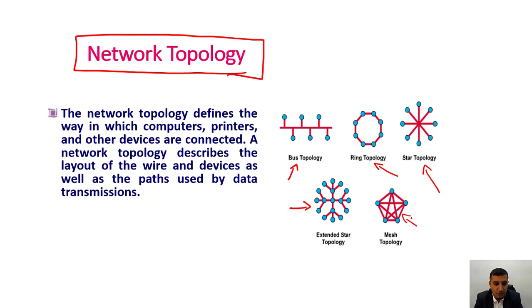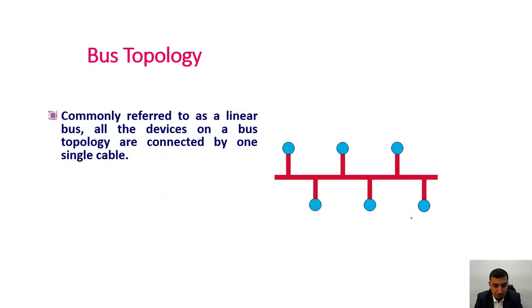A network topology describes the layout of the wire and devices, as well as the paths of the data. Now, the bus topology, as you can see here, it's like connecting all these computers, all these devices to one line. This is called bus topology.